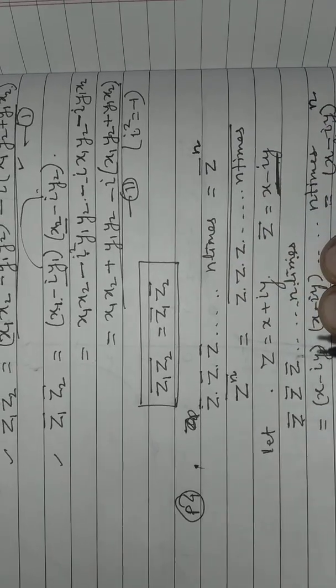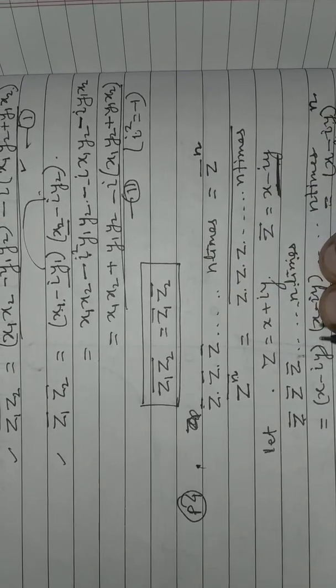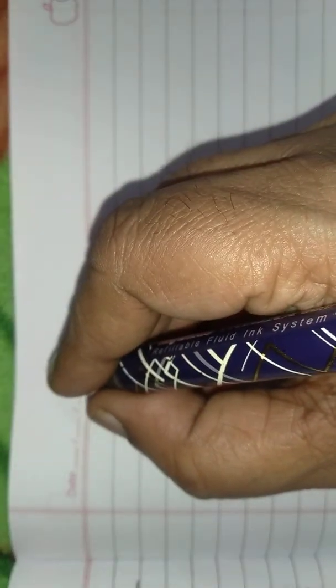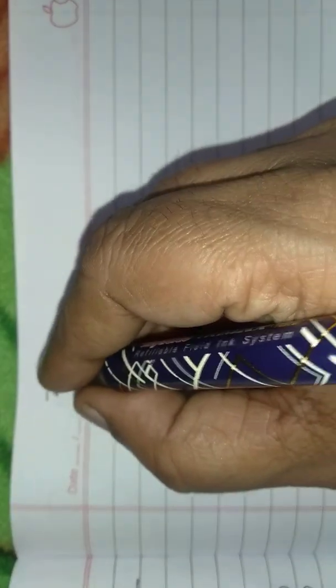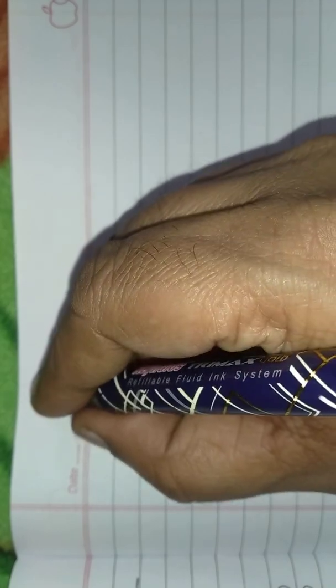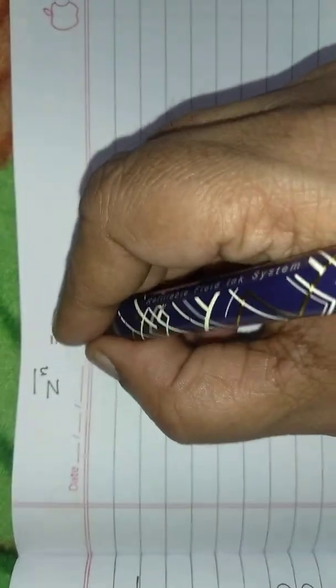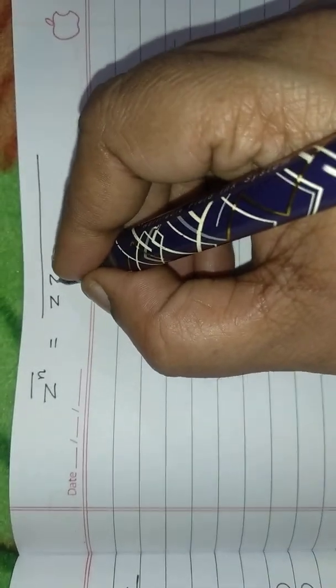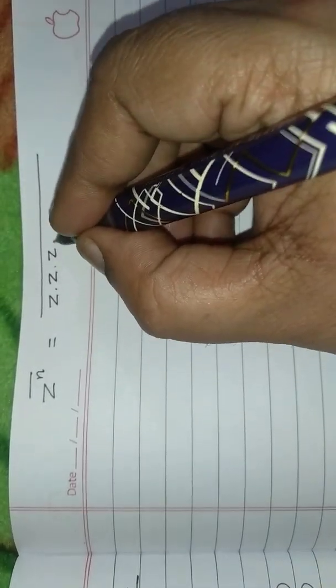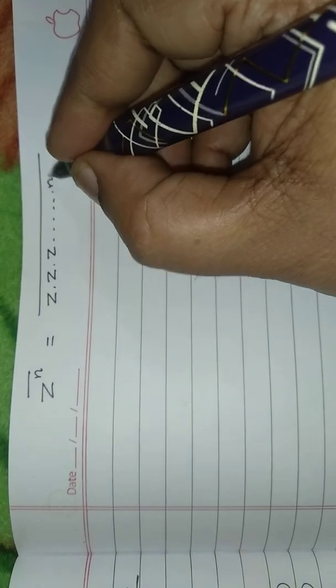So now in the next page I am doing this. See, z to the power n conjugate means the conjugate of z multiplied by z, how many number of times? n times.